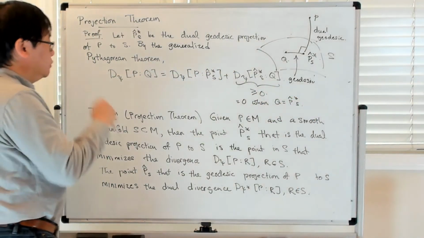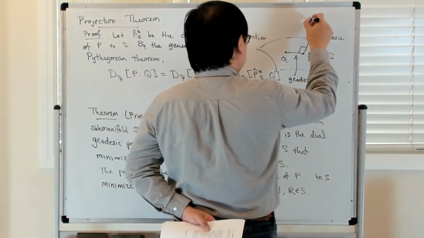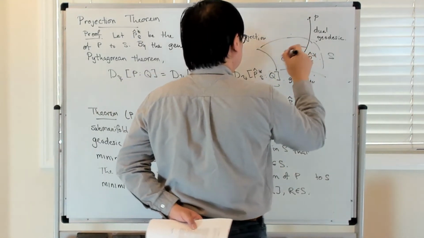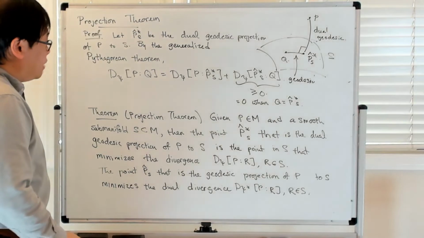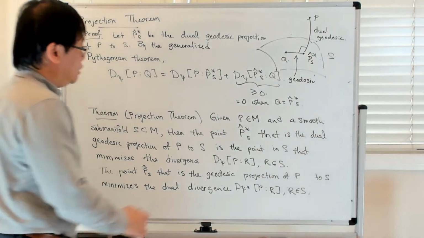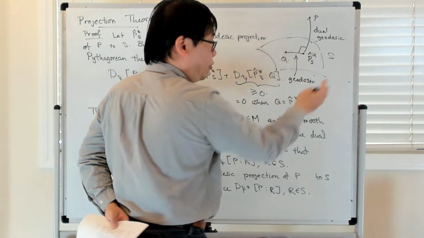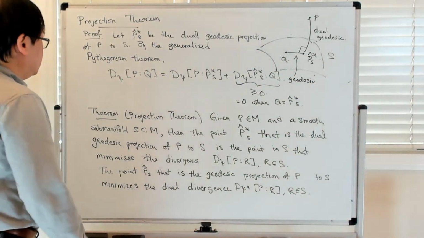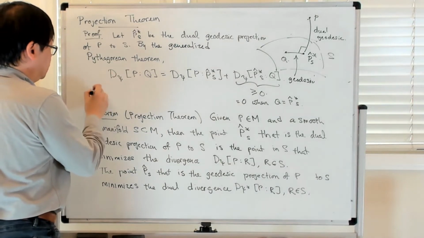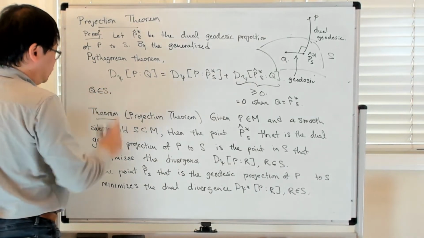So now you know that the divergence from P to Q is minimized when Q is equal to P hat star S. And Q is any point on S, right? So Q is in S.